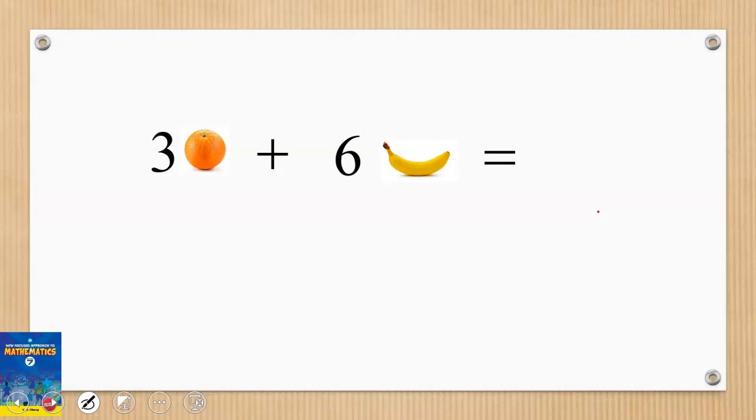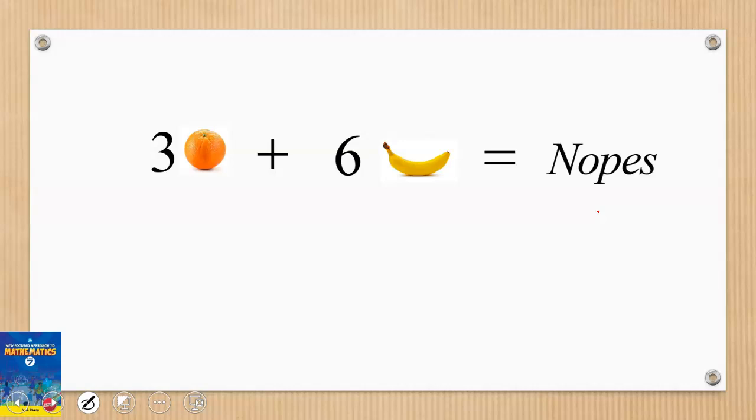Now let's look at it this way too. What if I say 3 oranges plus 6 bananas? What will be my answer? When I put them together, I can't say 9 banana-oranges, because that would not give me 9 banana-oranges. I have 3 oranges and 6 bananas, which are not the same, so I can't add them and say 9.